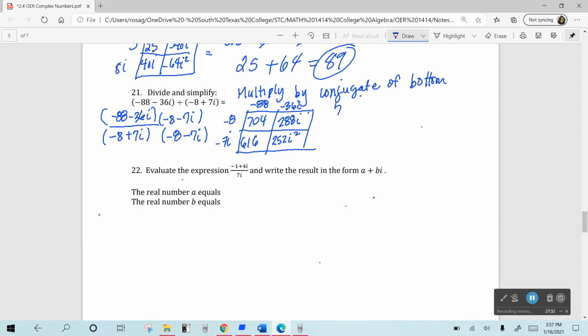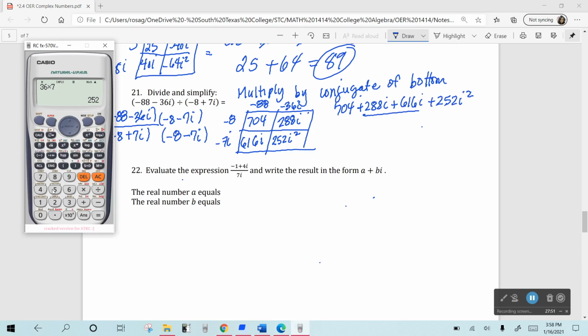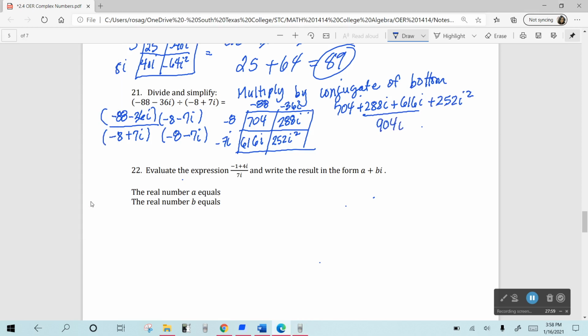So when I take him out of the box, oh, I forgot this one had a 9. These two combine because they both have i's. 288 plus 616, 904i.